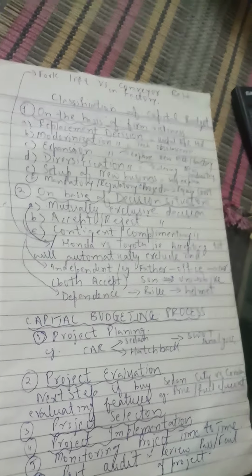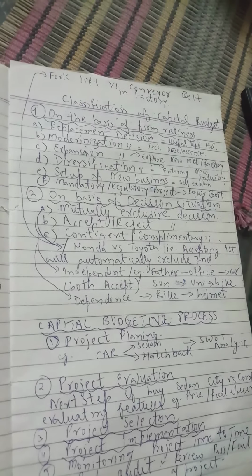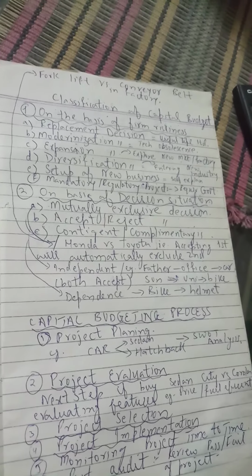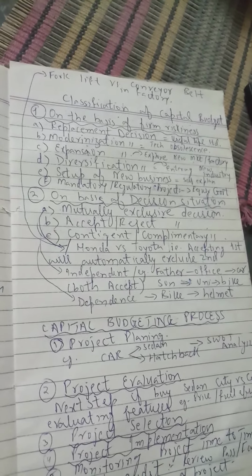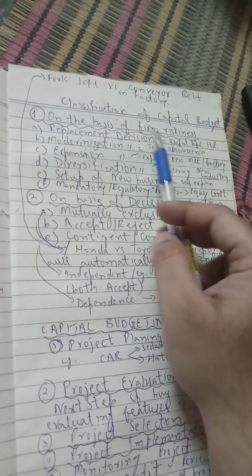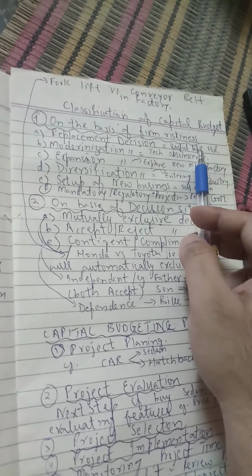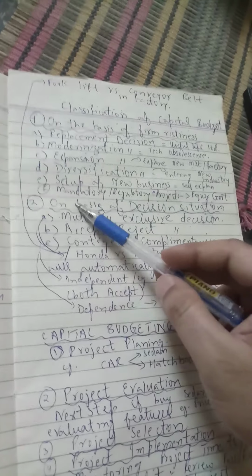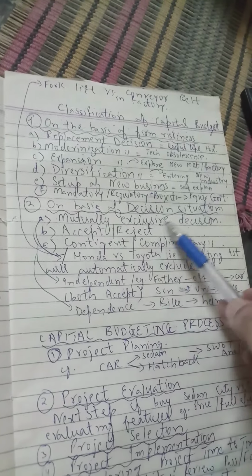Definitely, we are concerned with long term financial assets or investments which are done for the purpose of earning future revenue. We can classify capital budgeting on the basis of firm riskiness. We can also classify capital budgeting on the basis of decision situation.